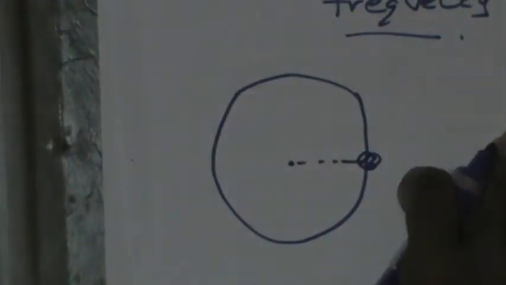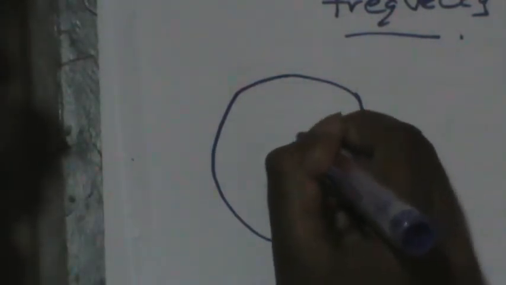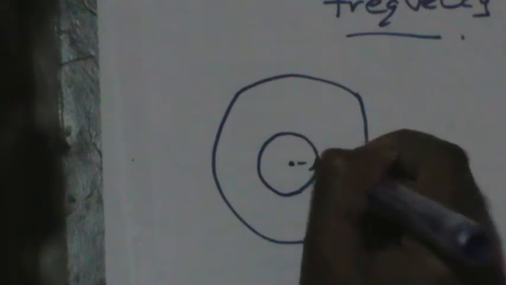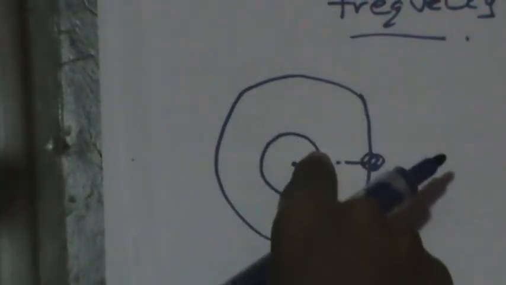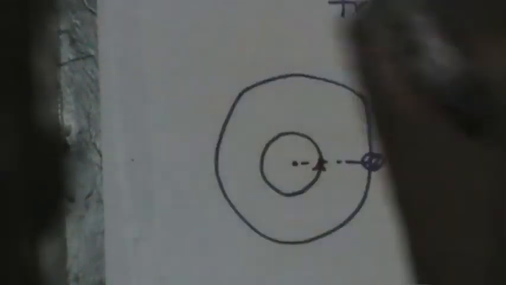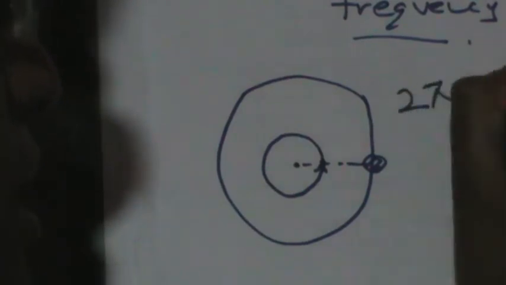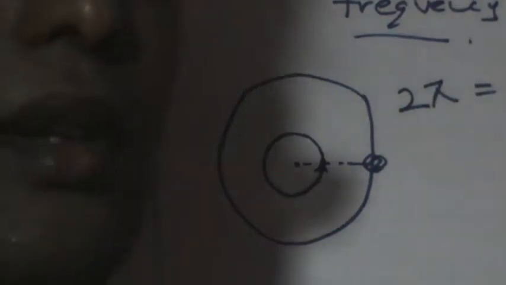The angle displaced by this object while going around from here, all the way around and back to here, is 2 pi. Call this theta, which is 2 pi.